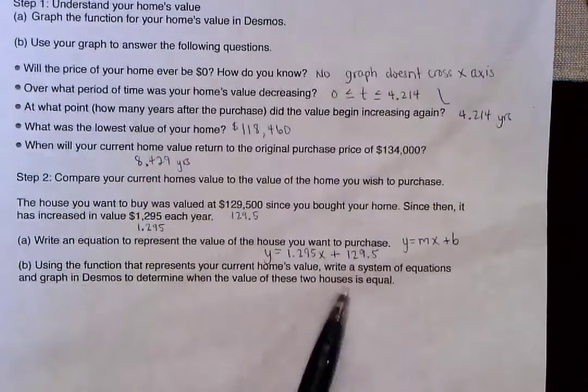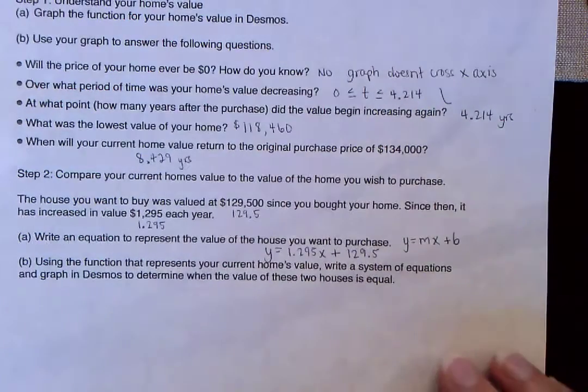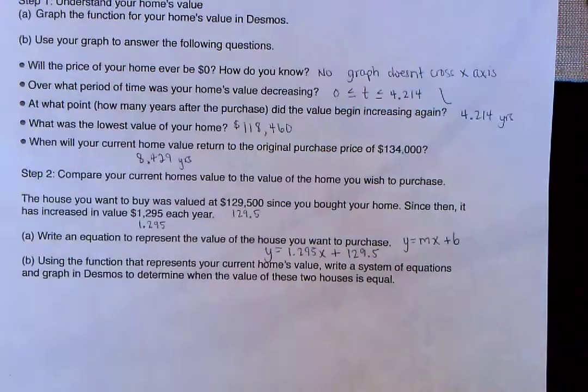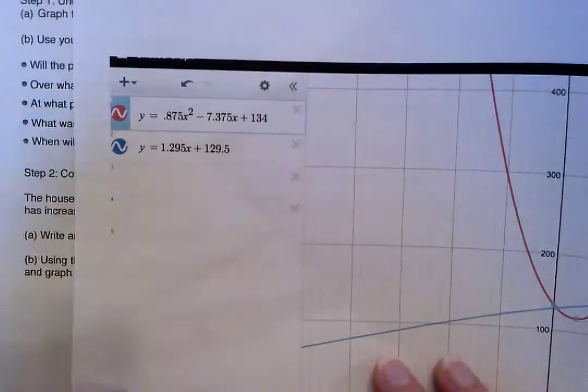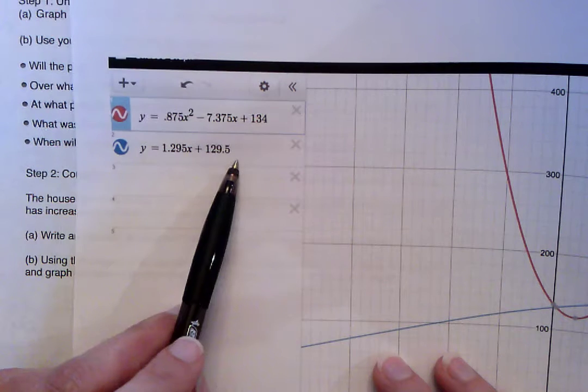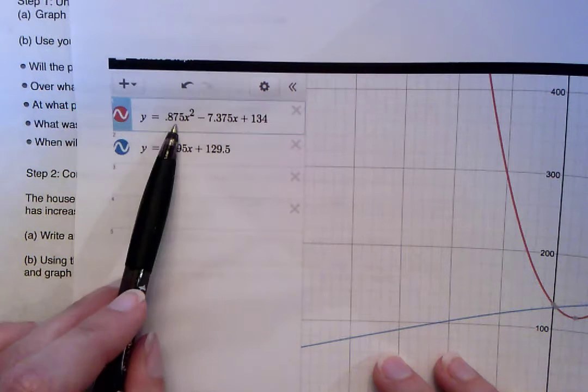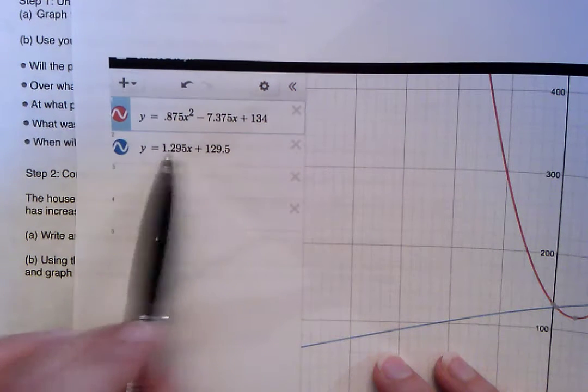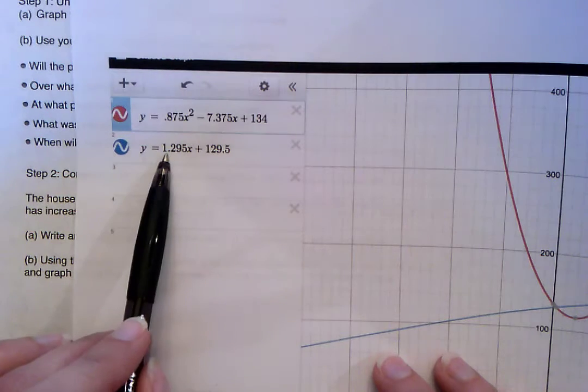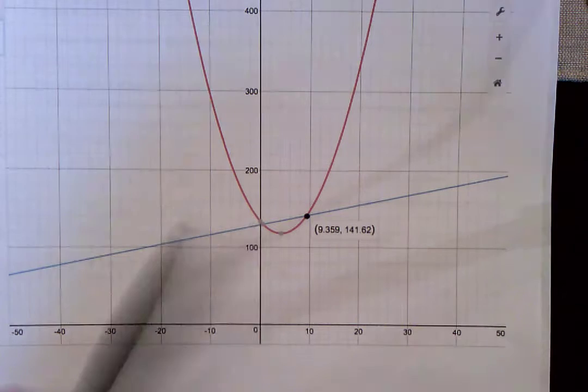And it said, when will they be equal? So basically, I typed them in. So here's the system of equations right here. Again, that's the current home, and there's the new home. And you're looking for when they intersect.